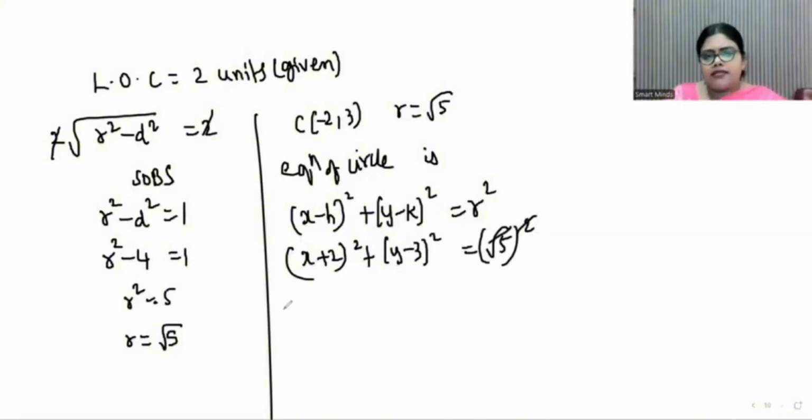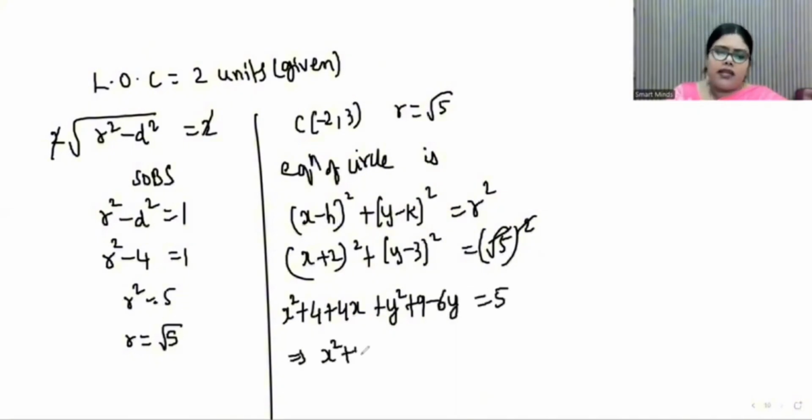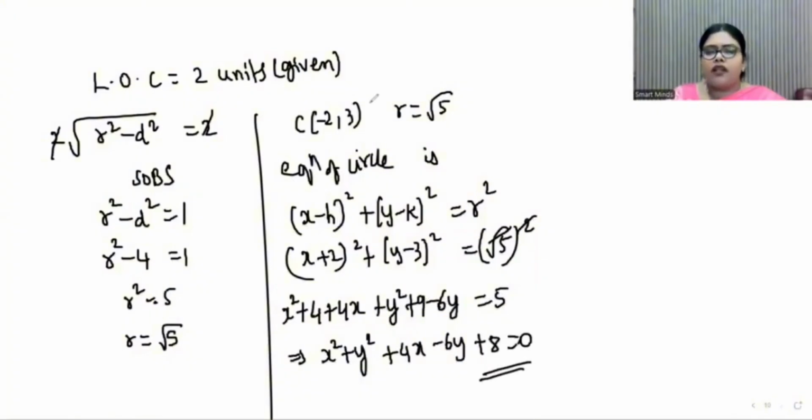Square root gets cancelled. You get x square plus 4 plus 4x plus y square plus 9 minus 6y is equal to 5. Take all terms one side, x square plus y square plus 4x minus 6y. 4 plus 9 is 13. 13 minus 5 is 8. Plus 8 is equal to 0. This is the final answer.